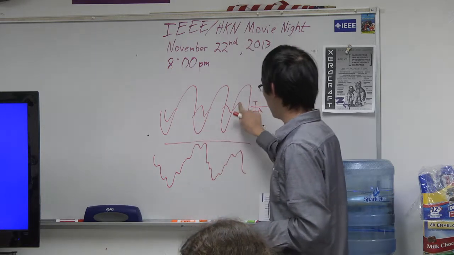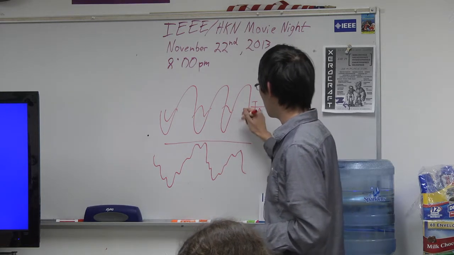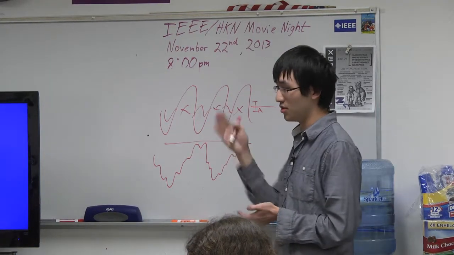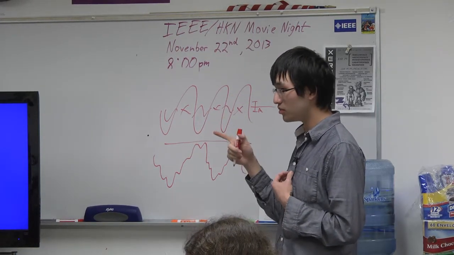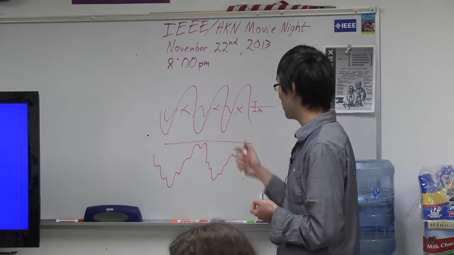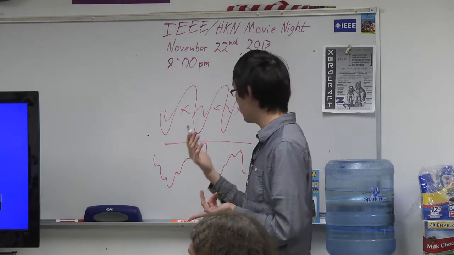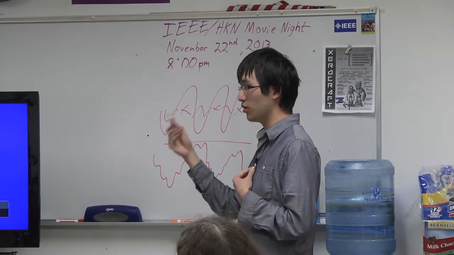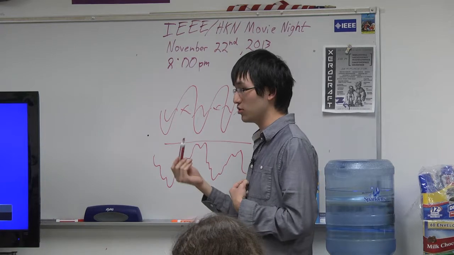So MP3 takes advantage of that by taking out sounds when another really loud sound masks them. It takes other shortcuts like that too, removing frequencies that you find difficult to hear.